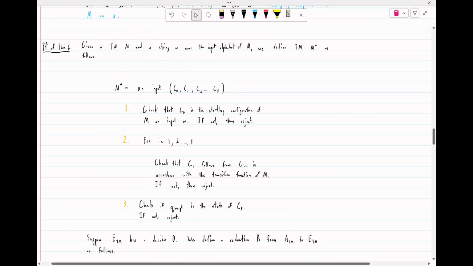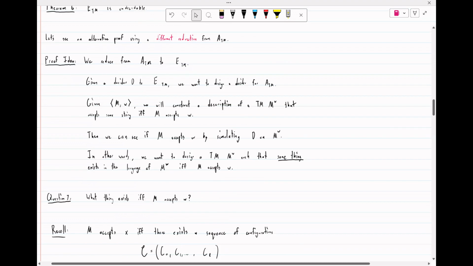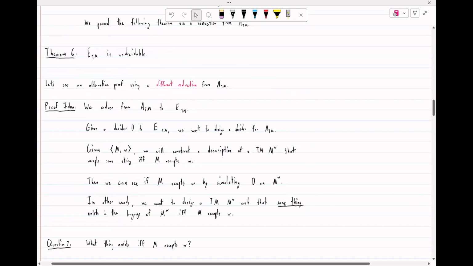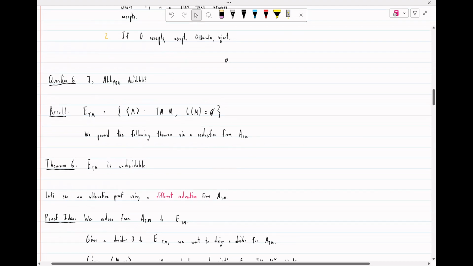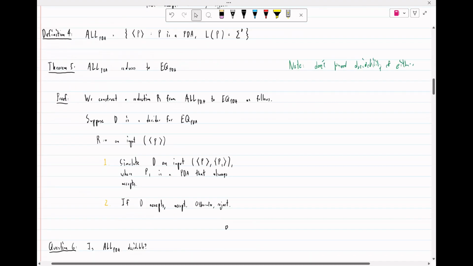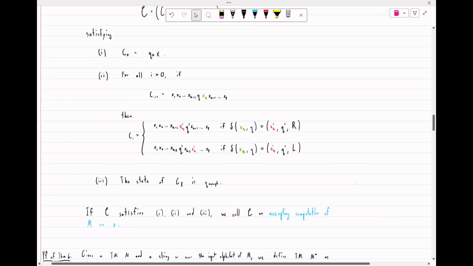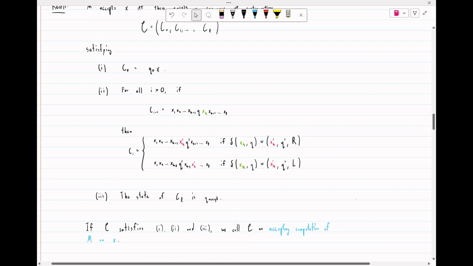Remember, we said we can think about the equivalence testing problem, but thanks to this reduction that we gave, all I need to do is prove that this is undecidable. So all we're thinking about now is this all PDA problem, or that's where we're going.